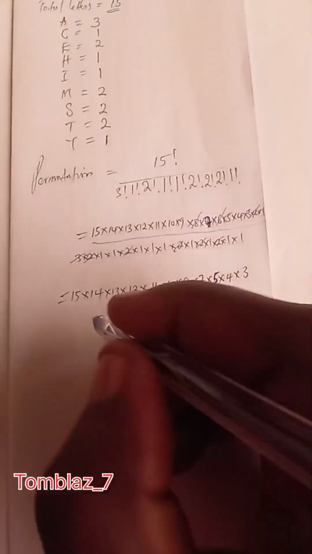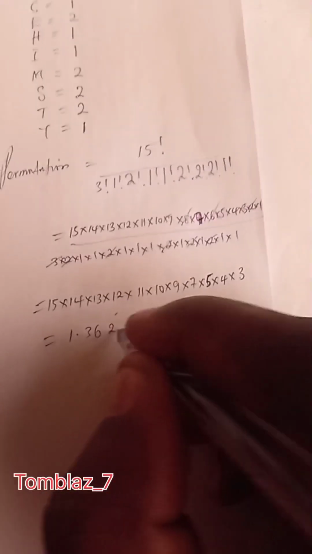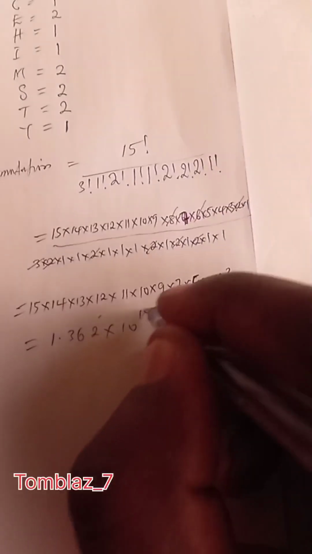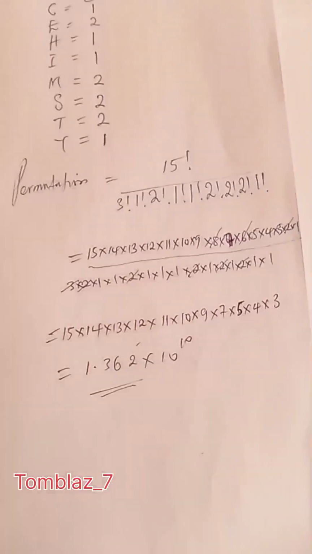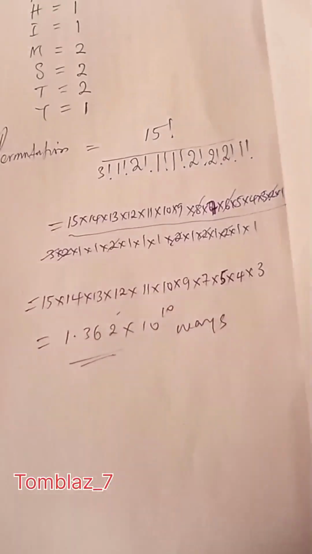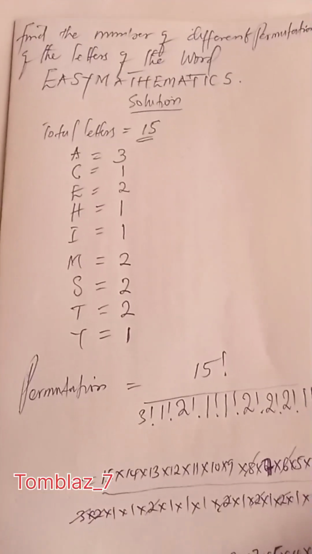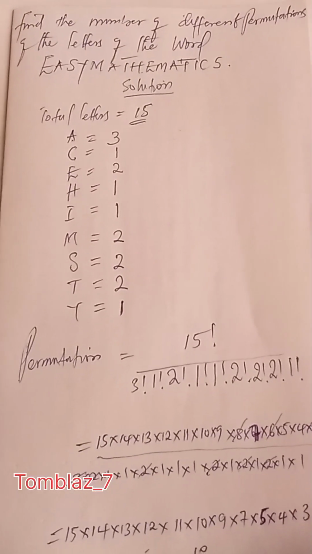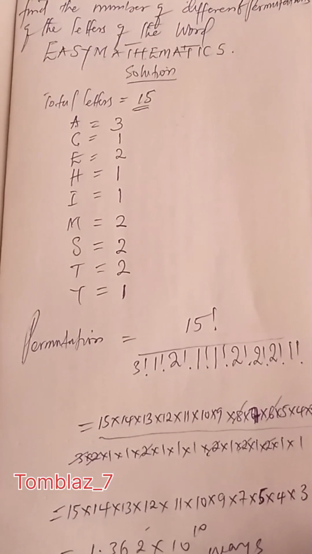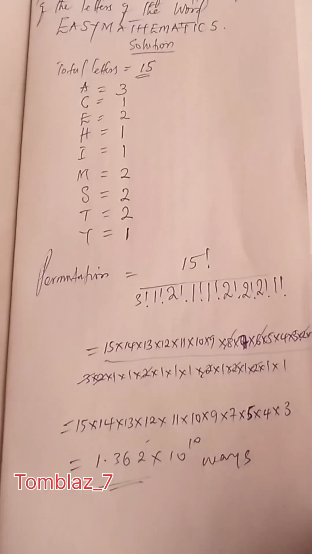So we're going to be having 1.362 times 10 raised to power 10, right? This is going to be the number of ways. So it's a lot of ways, like you keep repeating this before you finally succeed in the permutation of the letters called easy mathematics.